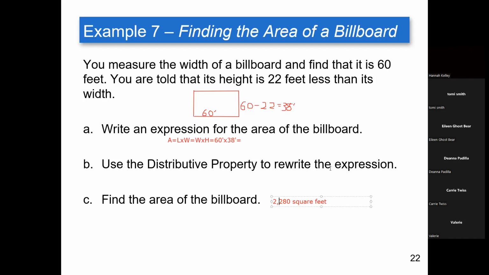And I will always double check if I do a problem, especially if I'm distracted. I'd go back and make sure that was in feet. It's a billboard, so it's pretty big. They didn't ask for the answer in yards or anything complicated. So that's it, 2,280. Good job.